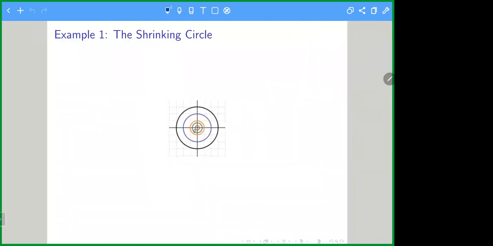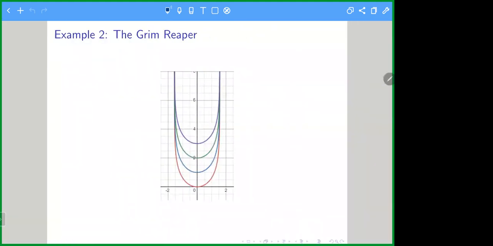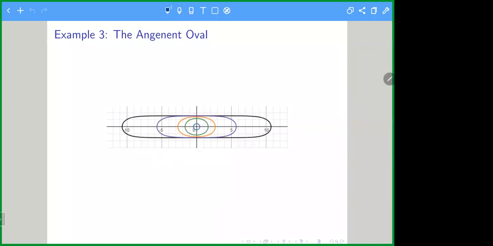We have a family of shrinking circles. They stay circles and just converge towards their center. We have the so-called Grim Reaper, which moves by translation. This guy lives inside some strip of finite width and just moves by translation. There's also the so-called Angenent oval, which looks like two Grim Reapers stuck together.